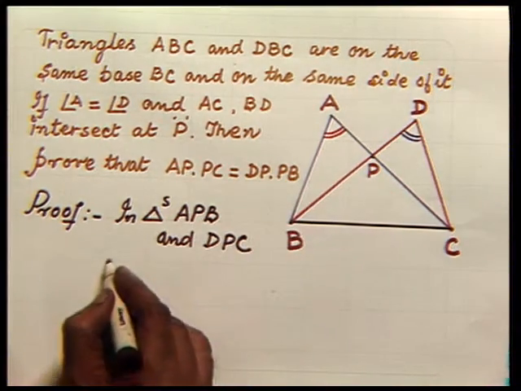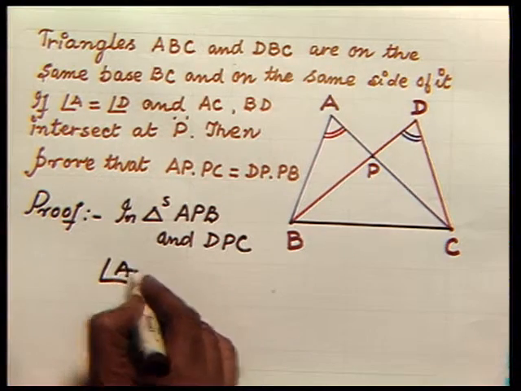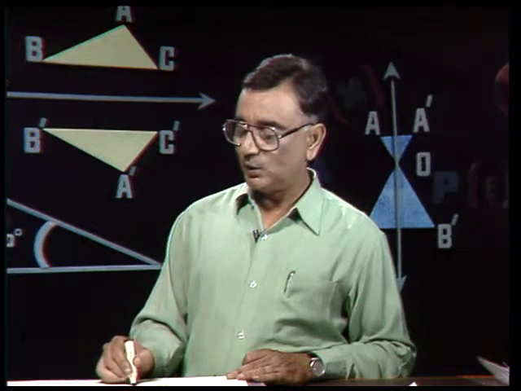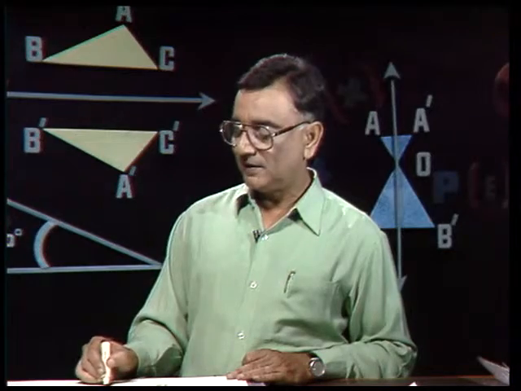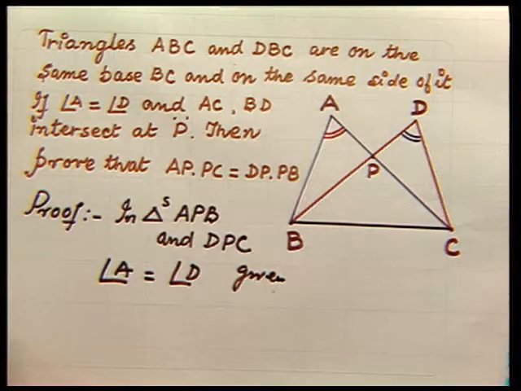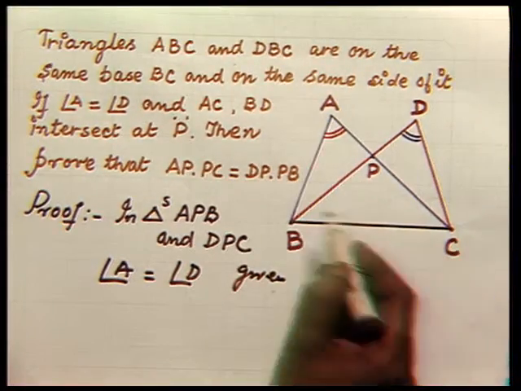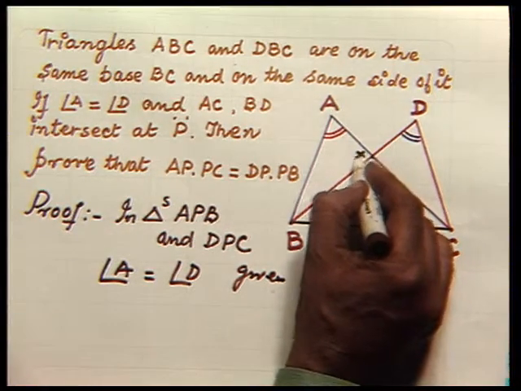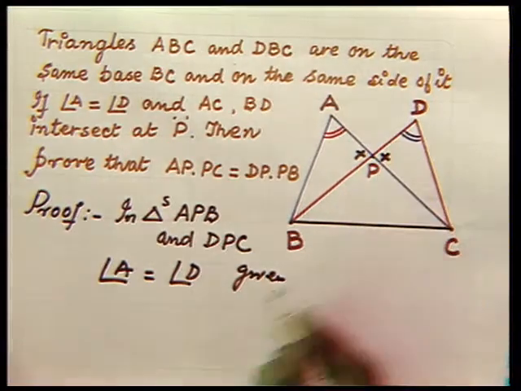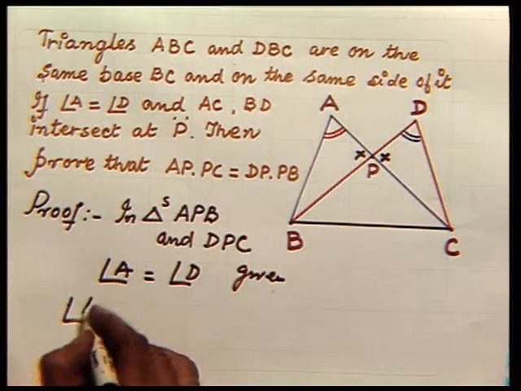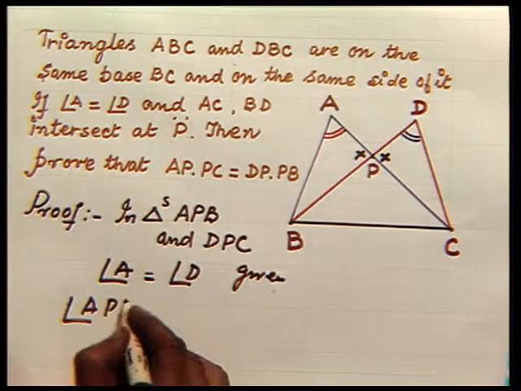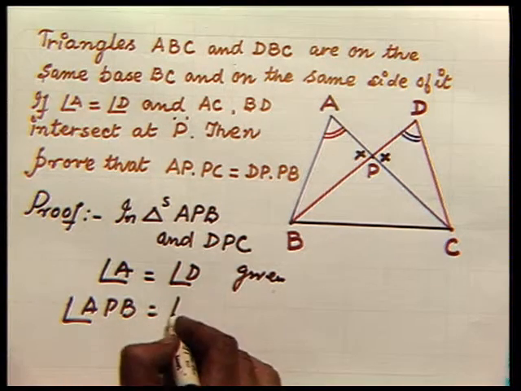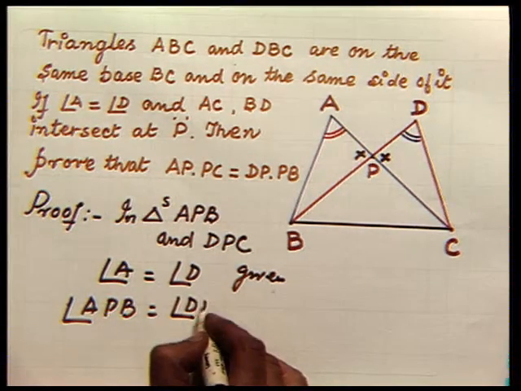Angle A is equal to angle D, which is already given to us. Now, here the sides AC and DB are intersecting each other at P. So, this angle will be equal to this angle, that is, angle APB will be equal to angle DPC.